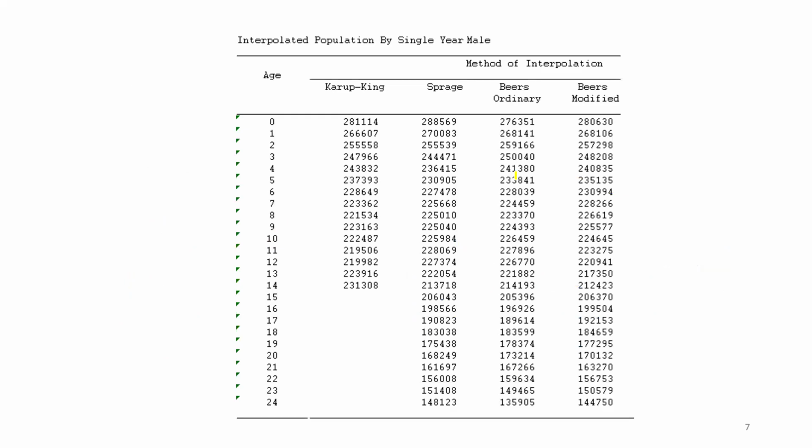As I told you at the very beginning, here I used 4 methods: Karup-King's method, Sprague, and Beers' ordinary method, and Beers' modified method. Even though I introduced these 4, I will discuss the Sprague multiplier in detail in your course. But I have given all information for the other 2 also. By using the knowledge you are obtaining along with the Sprague multiplier, you can test other things also.